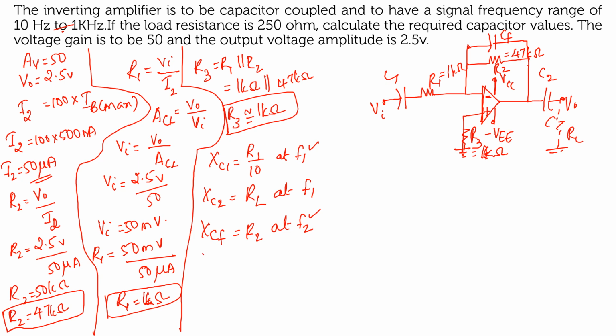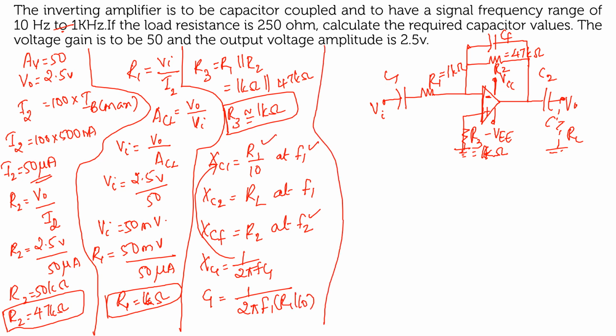What is your XC1? XC1, you know, is equal to 1 by 2 pi F C1. When you substitute in this formula, you have to find out C1. So I can write that C1 is equal to 1 by 2 pi F1 into R1 divided by 10, right? We are going to apply this formula. So C1 is equal to 1 by 2 pi into F1, which is 10 Hertz, into R1, which you have calculated as 1 kilo ohm, divided by 10.